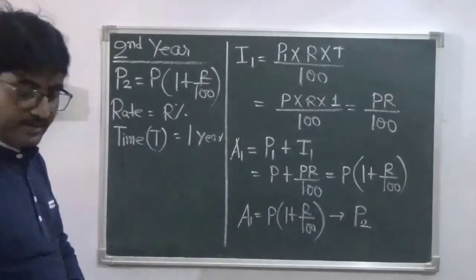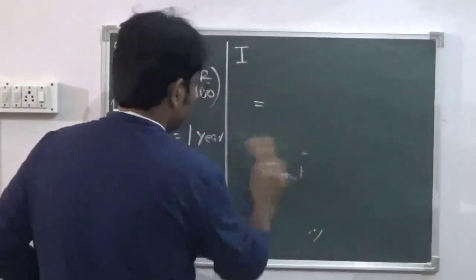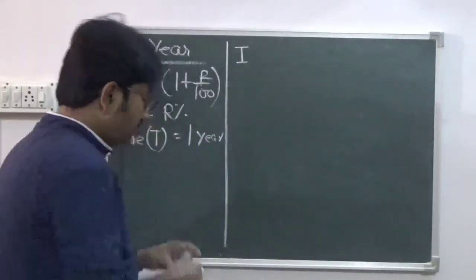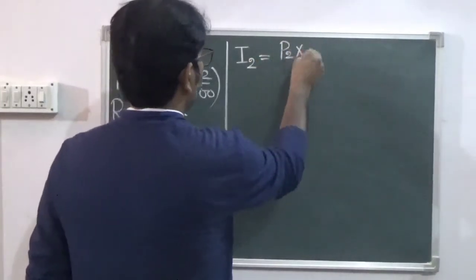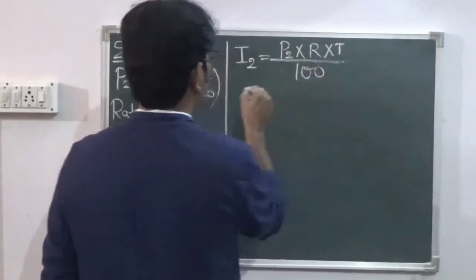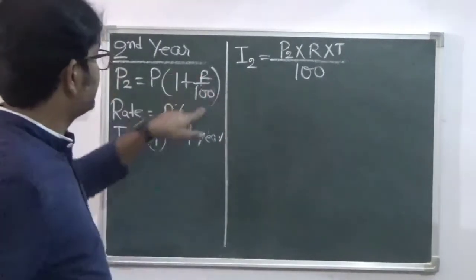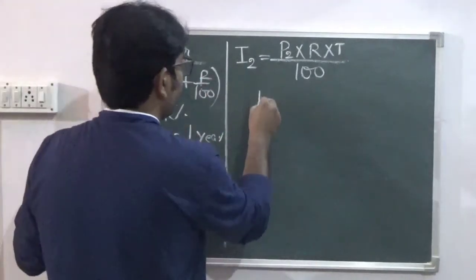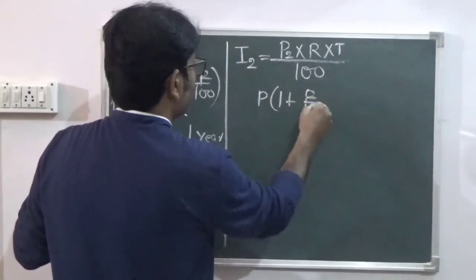So let us find the interest for the second year. Interest for the second year I2 is P2 into R into T by 100. So in place of P2, we have P2 equals P into 1 plus R by 100.